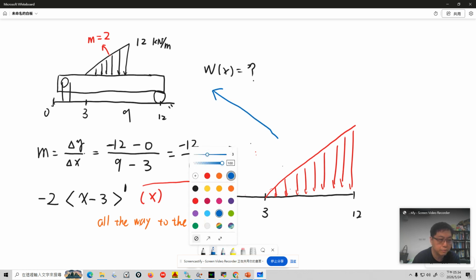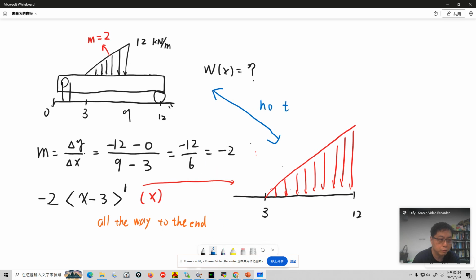This discontinuity function is definitely not the solution for this distributed load. So what is the right expression for this triangle distributed load?